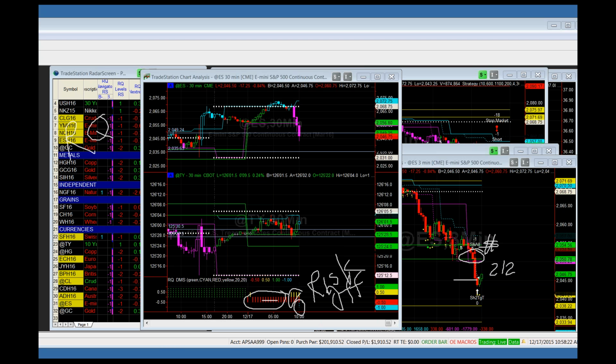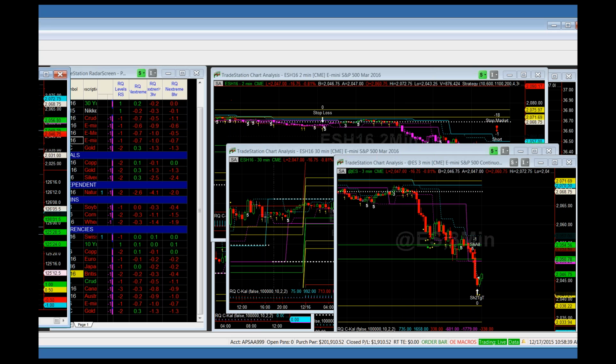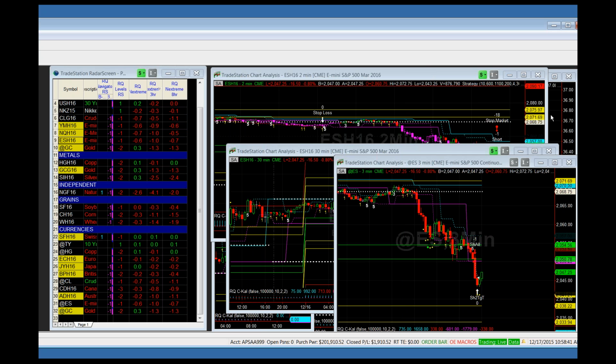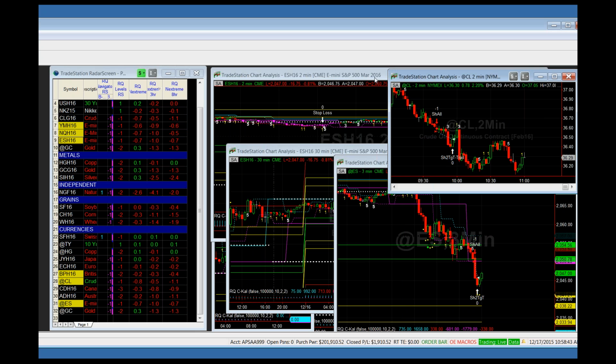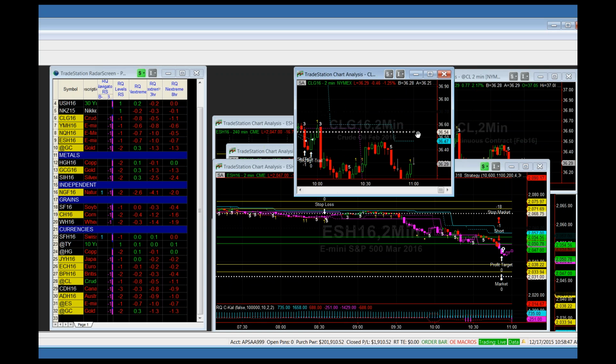Okay, let's take a quick look at the earlier trades. On Ninja, we only had this one trade. On TradeStation, we had some other trades. We had crude.